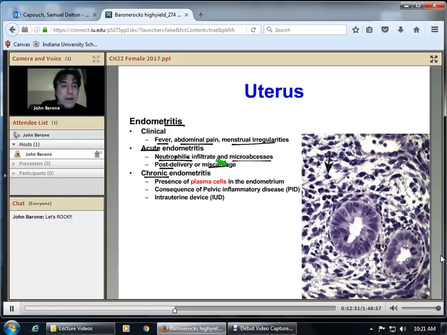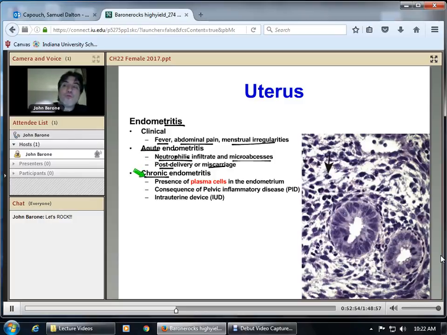Or after miscarriage, there are some little pieces of retained placenta. Well, that dead placental tissue is a culture media. So it's going to make it very high risk for bacteria to come up and start growing in the endometrium. That's going to be acute endometritis. It's part of pelvic inflammatory disease.